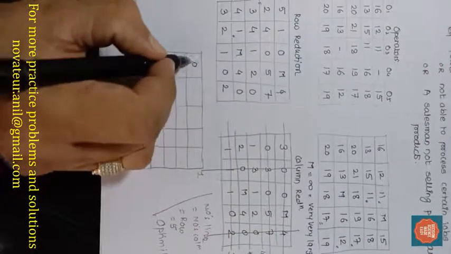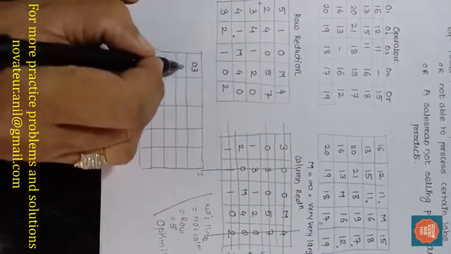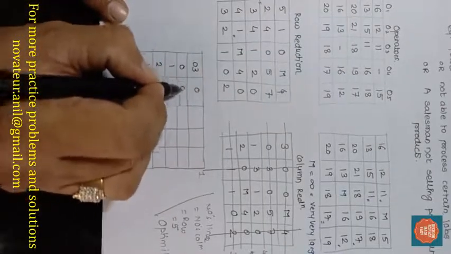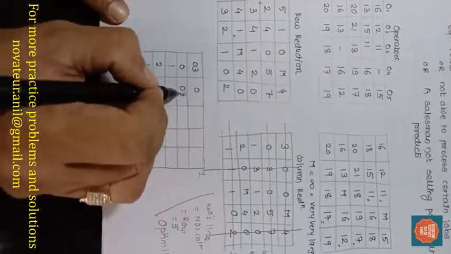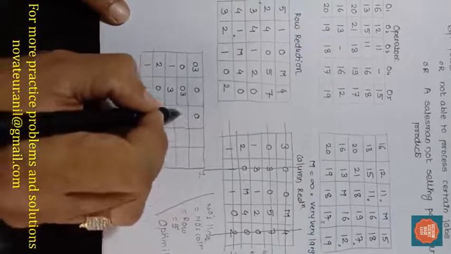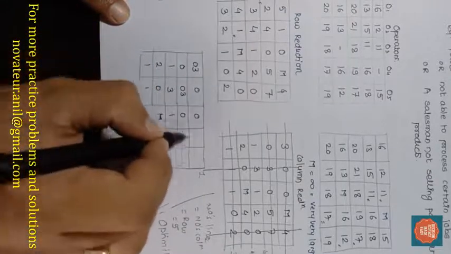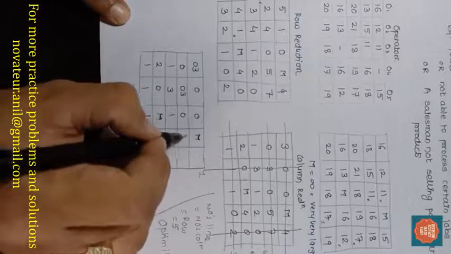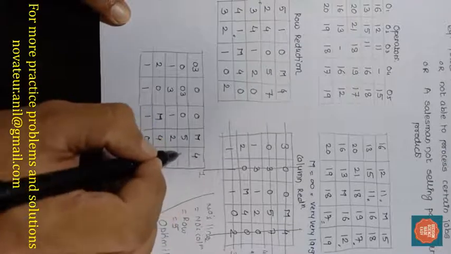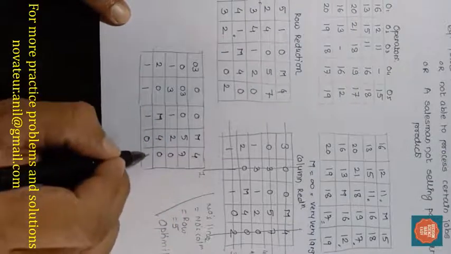To perform that, I have to rewrite this final matrix. So I'll write down 3 1 2 1 0 0, 3 0 1 0 0 1, 5 2 4 and 0 4 7 0 0 and 2.